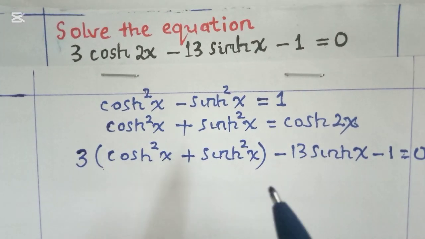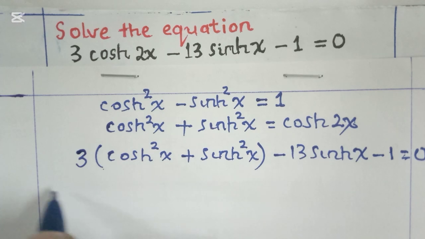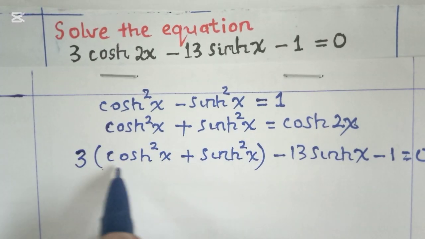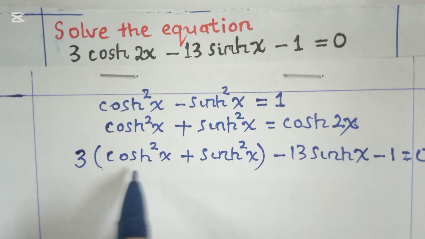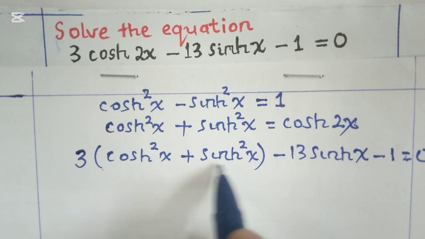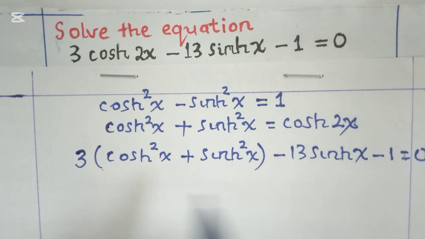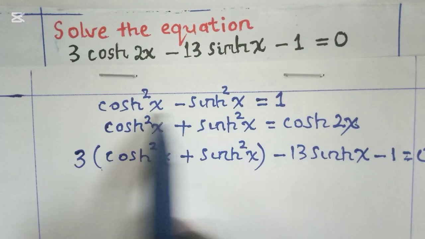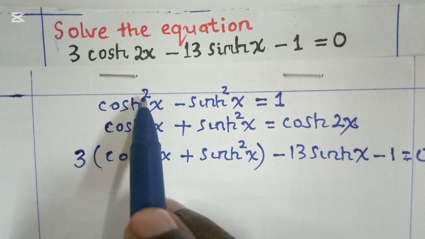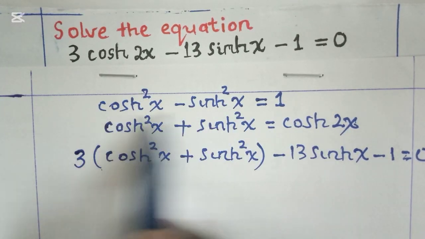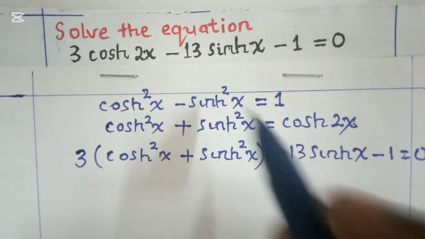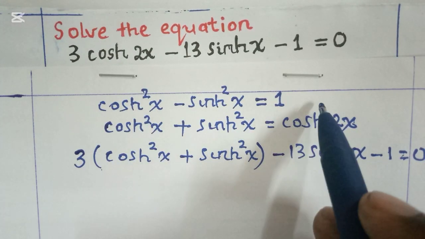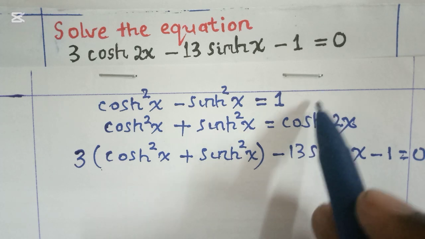So guys, I now come and write again here. What I'll do, I'll come and replace, because we want everything to be in terms of sinh. I will replace this with this equation, because we can make cosh squared x the subject of the formula here. So we shall have cosh squared x equals 1 plus sinh squared x.